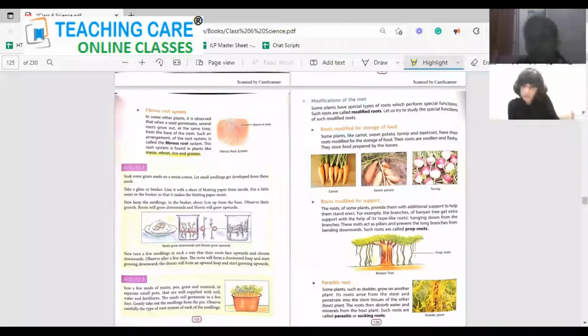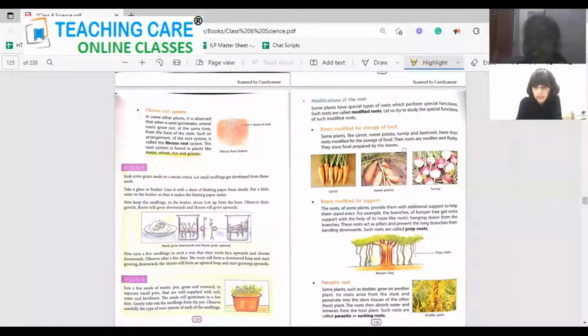Now we saw that in a function, the root also acts as a storage, isn't it? Now we'll see how it is acting as a storage. You love carrots, potatoes, beetroot, isn't it? Those are actually roots.